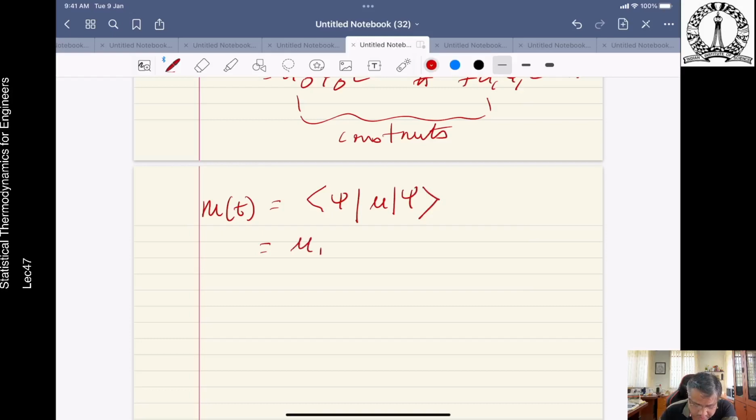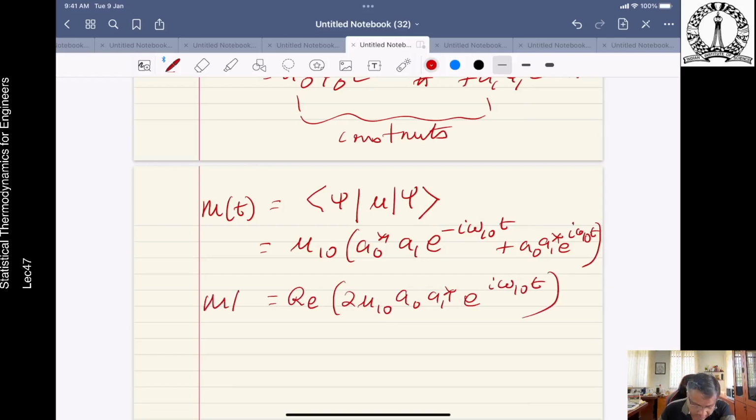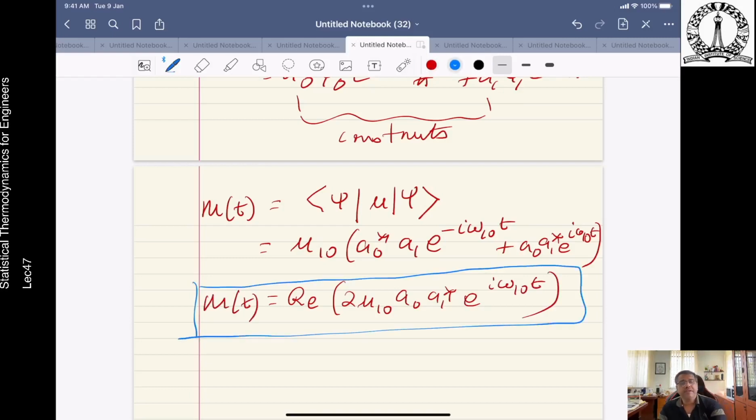It is equal to mu10 (a0* a1 e^(i omega0 t) + a0 a1* e^(-i omega t)). So that is the real part, 2 mu10 a0 a1* cos omega t. Assuming space fixed moments both vanish.